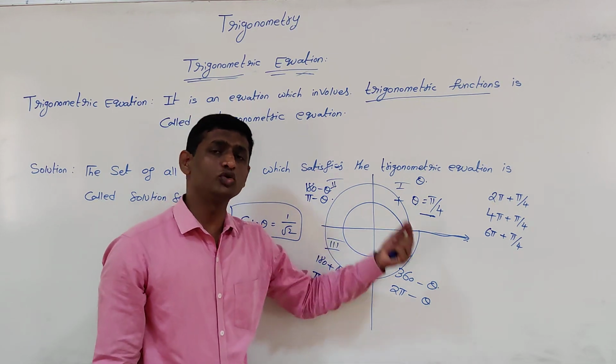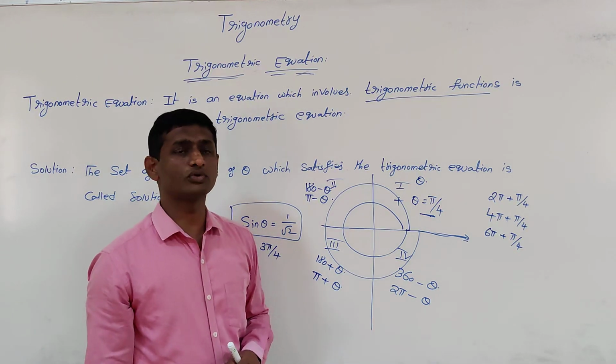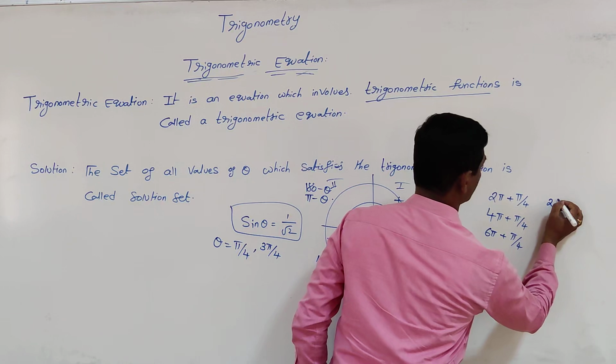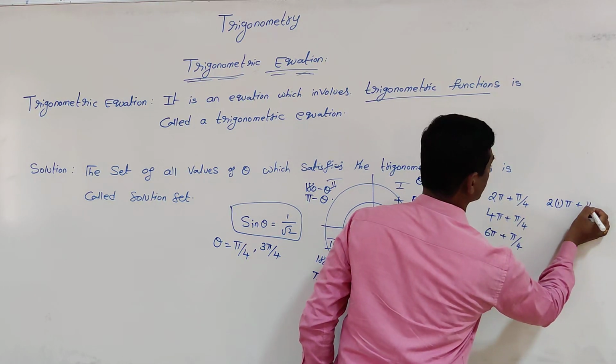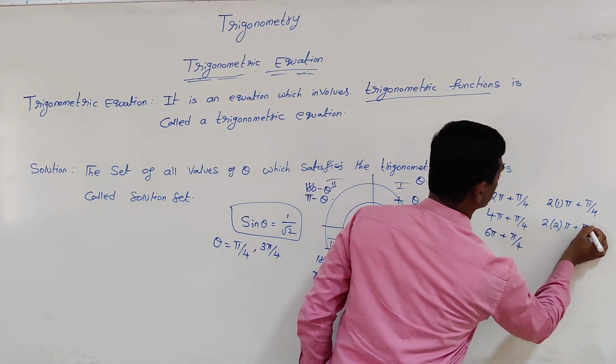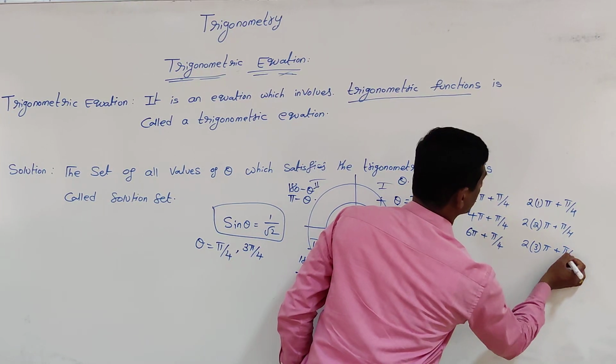Similarly, if you add 2 pi again, you will get 4 pi plus pi by 4. Means if you write this as 2 into 1 times pi plus pi by 4, 2 into 2 times pi plus pi by 4, 2 into 3 times pi plus pi by 4.